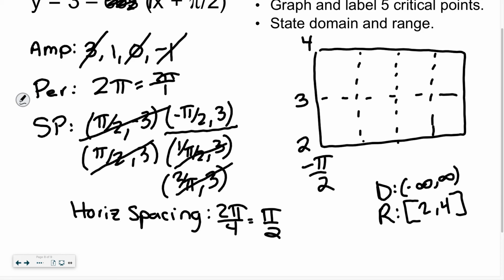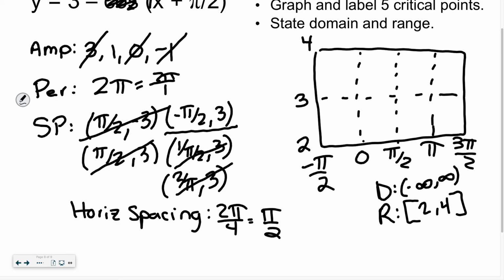Negative pi halves plus pi halves? 0. Plus pi halves? 1 pi. Plus pi halves? 1.5 pi, or 3 pi over 2.